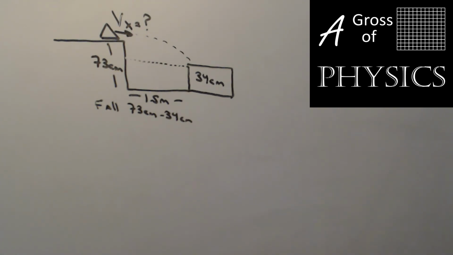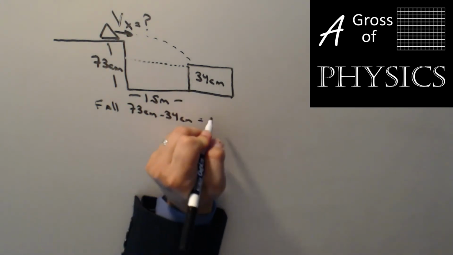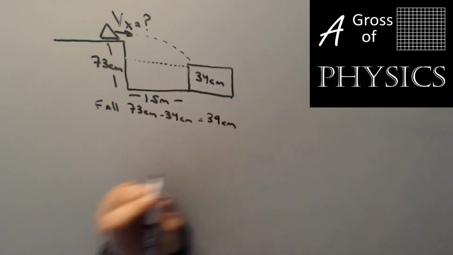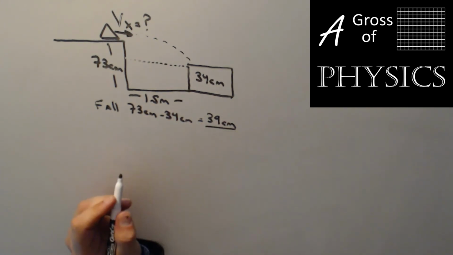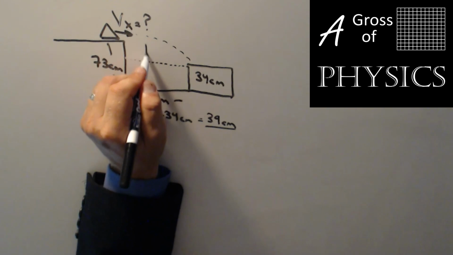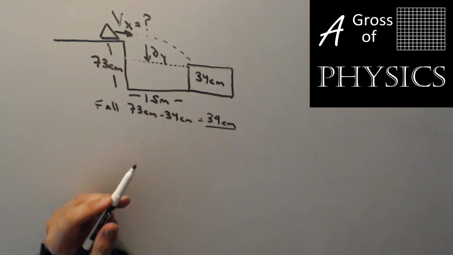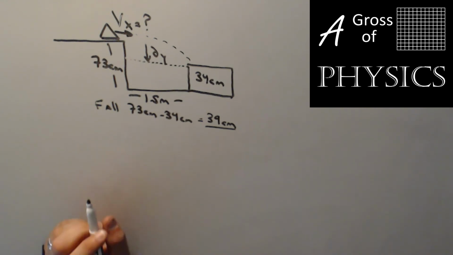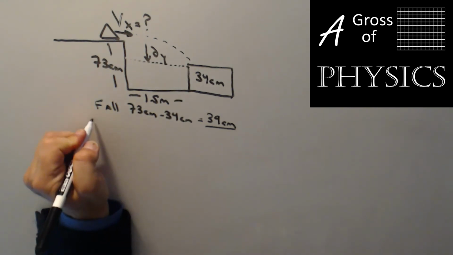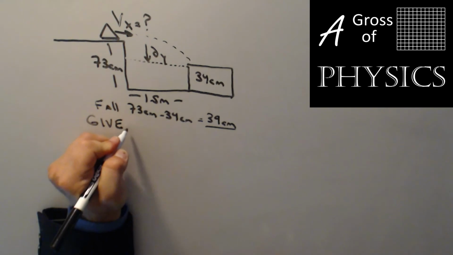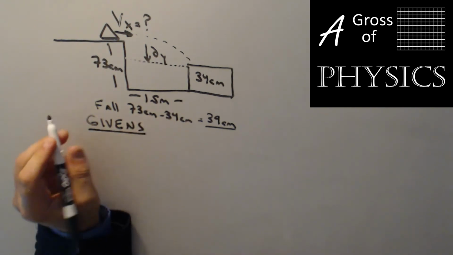I'm going to verify that 73 minus 34 is 39. That's what I thought, but I wanted to make sure. I wasn't certain. So 39 centimeters. That's your y distance that it's going to fall. Once it's in the bin, it'll fall the rest of the way, but we're concerned with getting it into the bin.